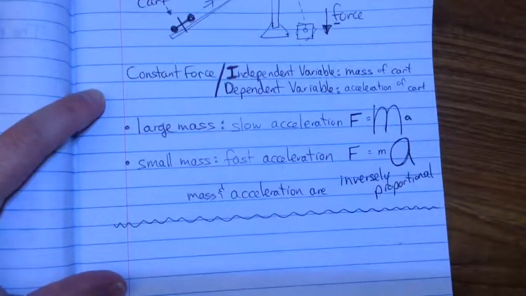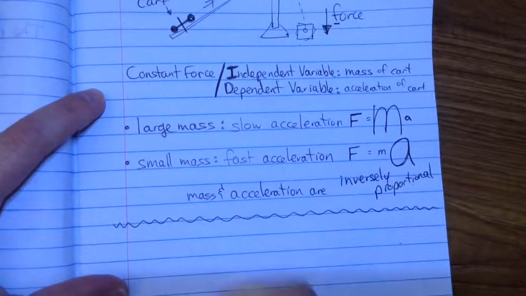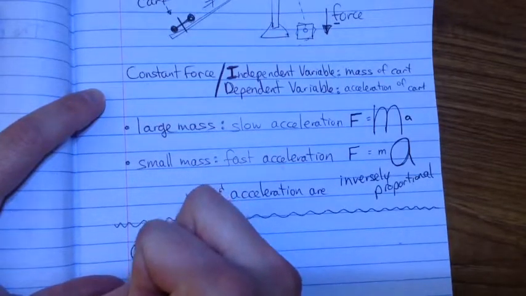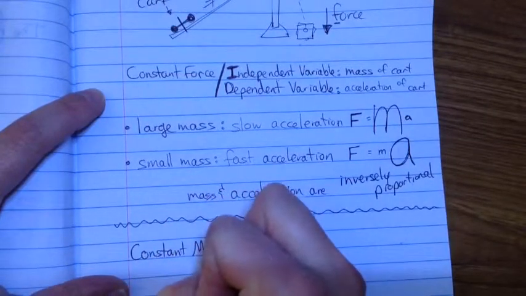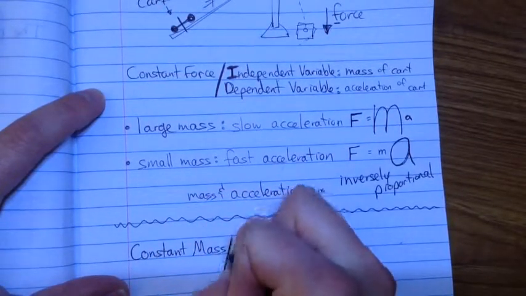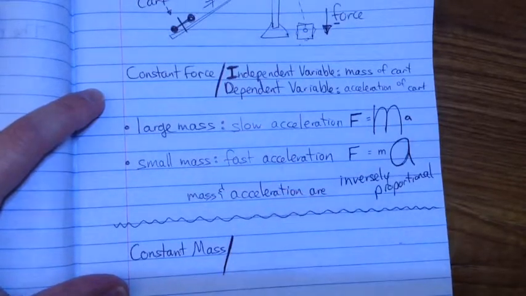Now we're going to change it up. We're going to readjust our variables. Okay? Now we are going to have a constant mass. We're going to set the cart with 2 plates and leave it at 2 plates.